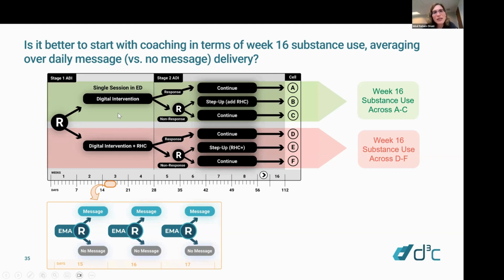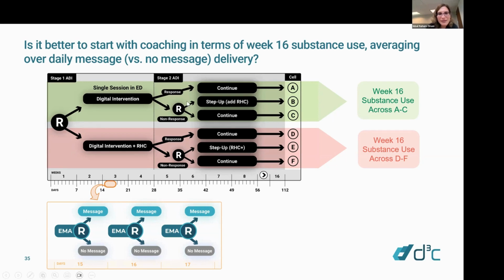So now this would be the main effect of starting with coaching versus no coaching on week 16 substance use, not only averaging over the second stage components among responders and non-responders, but also averaging over the delivery of the daily messages as part of the MRT, because we have the MRT in the background.